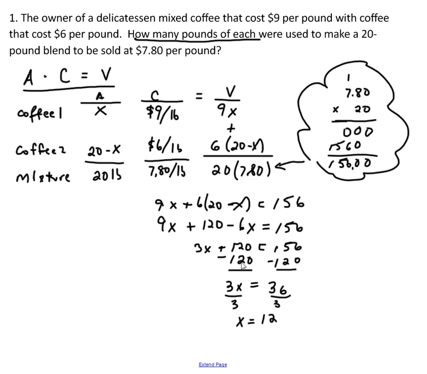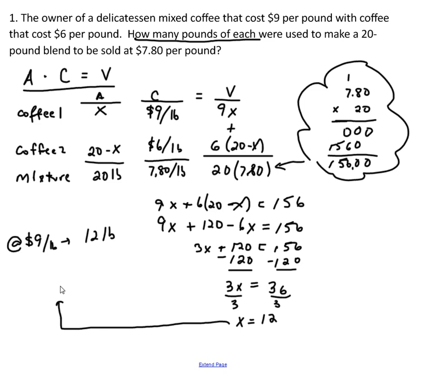Well, what does that mean? Again, we need to put this in context of the problem. So you need to go back and say, what were we trying to answer? We're asking how much of coffee number 1 should we get at $9 a pound. At $9 per pound, we need to purchase 12 pounds.